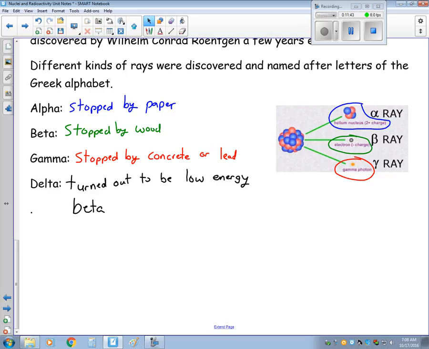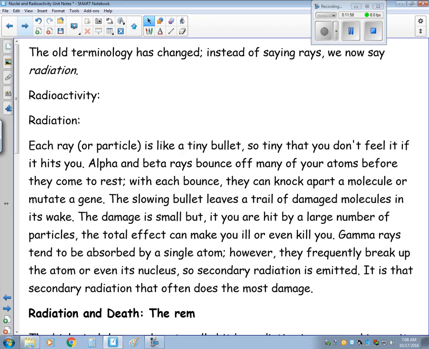So these 3 are mainly the forms of radiation that we know about: alpha rays, beta rays, and gamma rays, of which alpha and beta are actually particles and not rays. So the old terminology has changed. Instead of saying rays, we now say radiation.